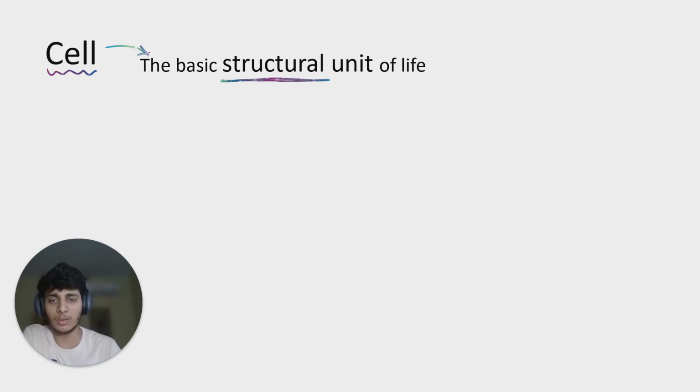In our 6th standard book we all have studied that the cell is a basic structural unit of life. The important keyword here is structural unit. Structural unit means the living body is basically made up of tiny cells.